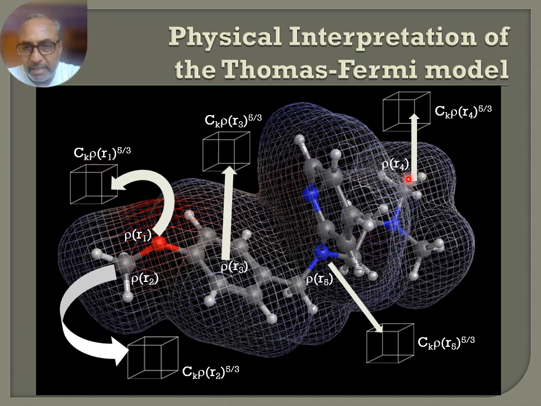Similarly, the kinetic energy at this point is given by Ck times rho of r4 to the power 5/3, which is the kinetic energy of a particle in a small box at that point.